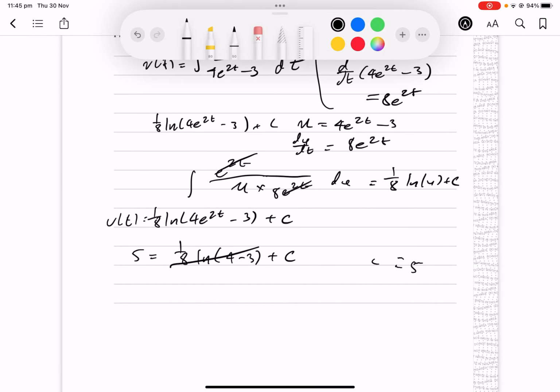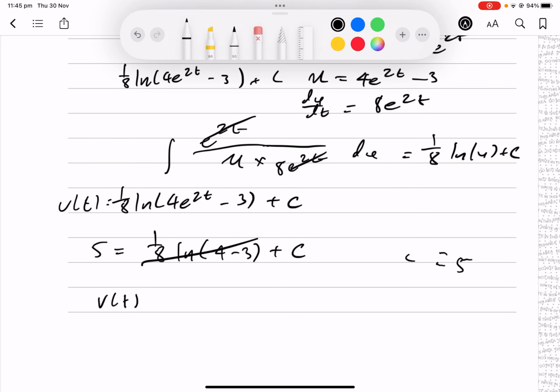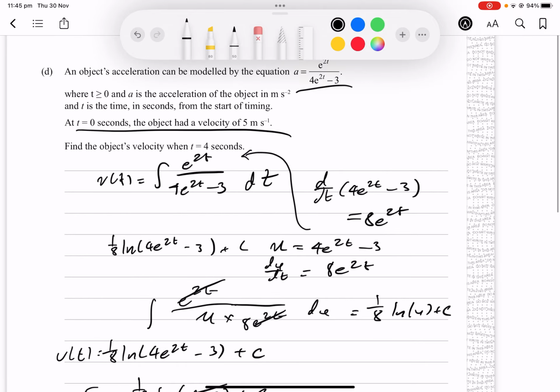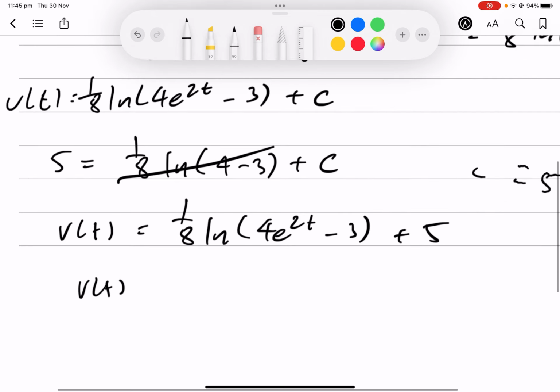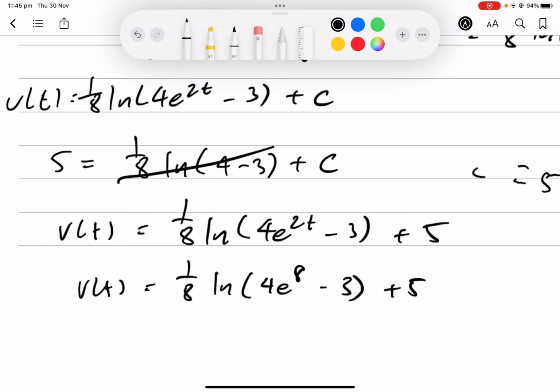So now we have our v of t equation. v of t equals 1 on 8 ln of 4e to the power of 2t minus 3 plus 5. And we need to find the velocity when t equals 4. So v of 4 equals 1 on 8 ln of 4e to the power of 8 minus 3 plus 5.